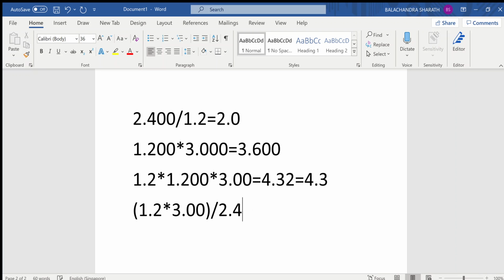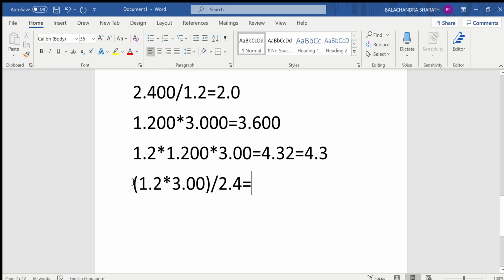Okay, so the first thing you have to remember is to apply these rules when you are getting nearer to the final answer. So 1.2 times 3.00, you all may say that I have to express this in the correct number of significant numbers. Yes, you are correct. So let's do it.